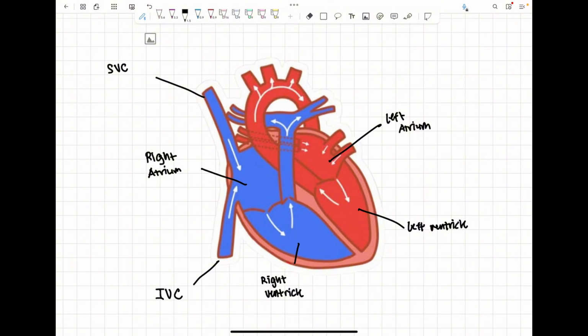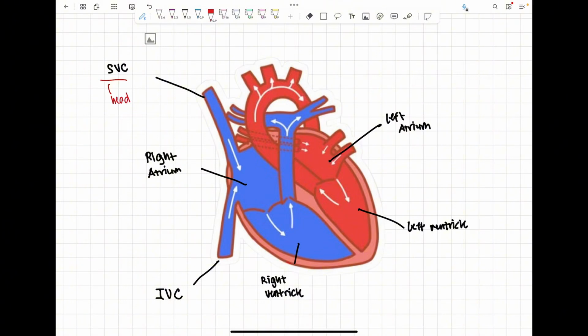So these vena cavas come from your veins. These are veins that come from different regions in your body. The superior comes from the head, or organs that are above your heart.